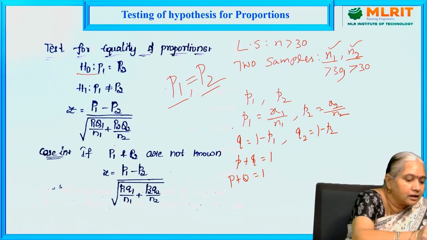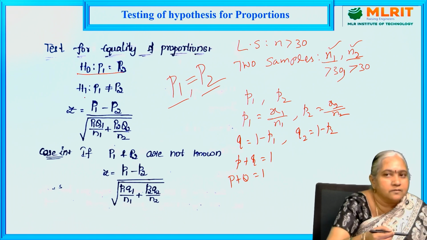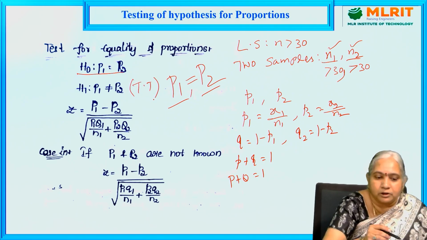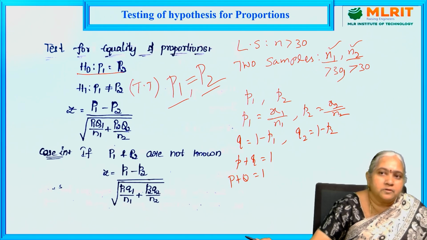The alternative hypothesis is a two-tailed test, P1 not equal to P2. This is the procedure to test the null hypothesis when two sample proportions are given.